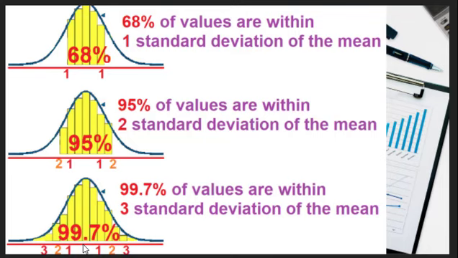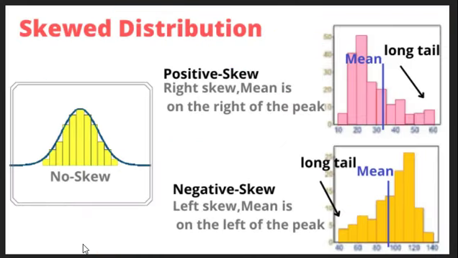But if you see here, we have a different chart. If you draw a line from the big bulk of the values, this is positive or right skew. The bulk of the data is before the mean and a small part is after the mean.